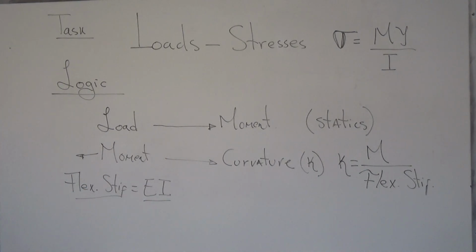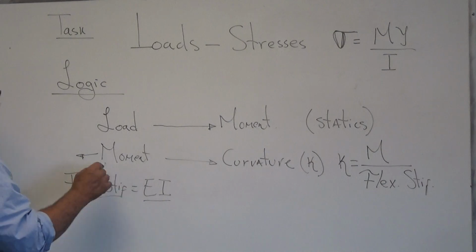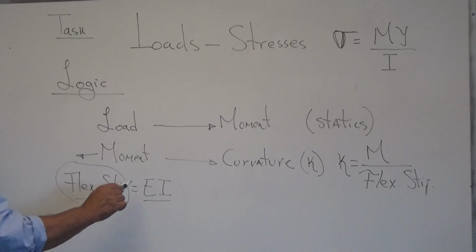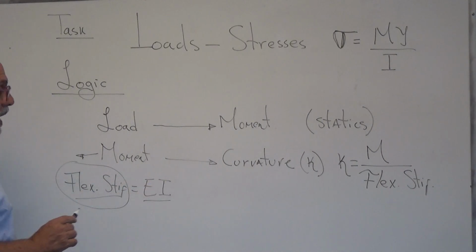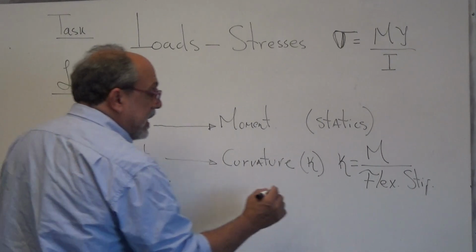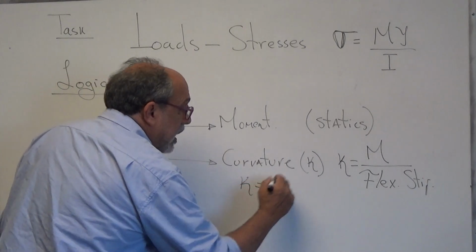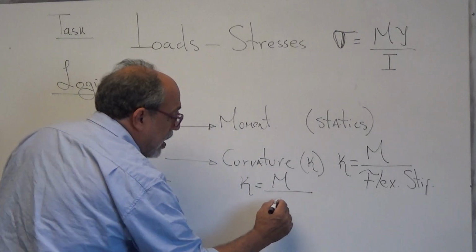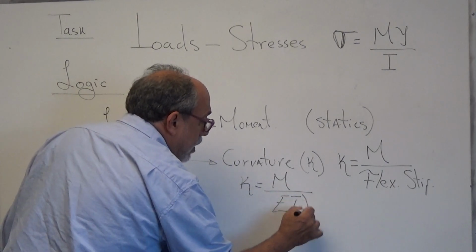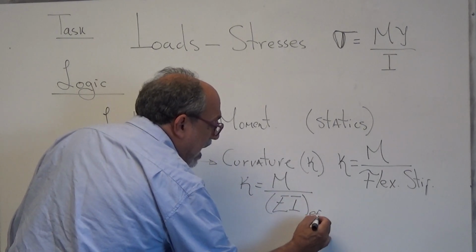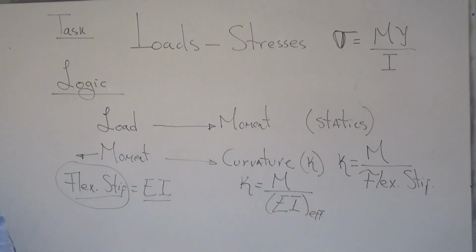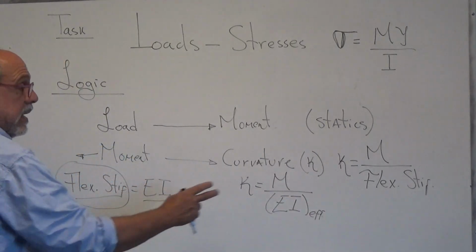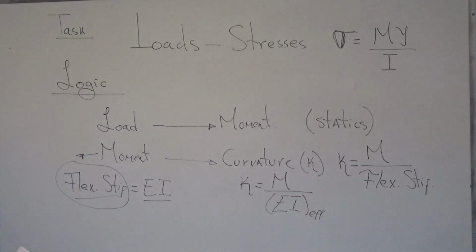What we need to do is understand the concept of flexural stiffness in a more generic manner than just the case of E and I. So we can call it (EI)effective, which plays the role of EI. It's the flexural stiffness, okay?